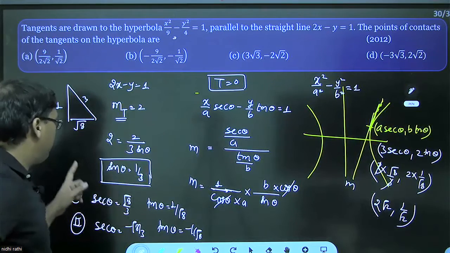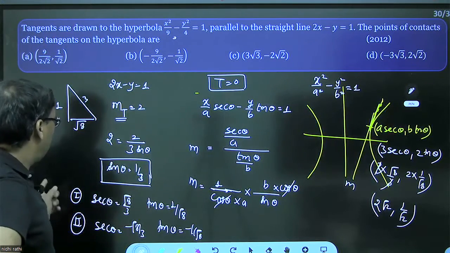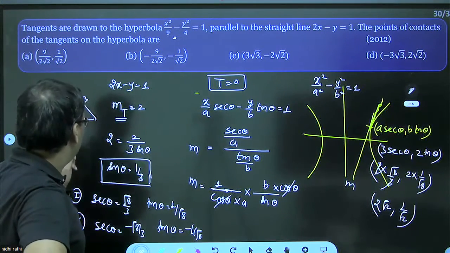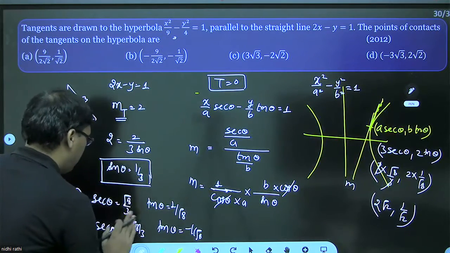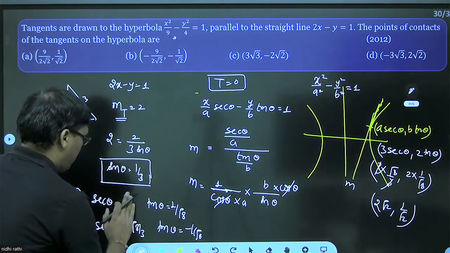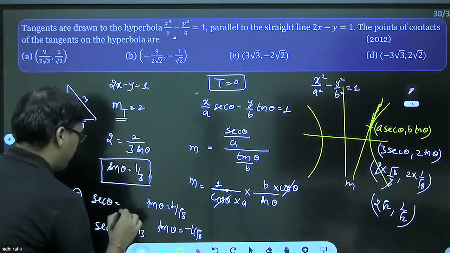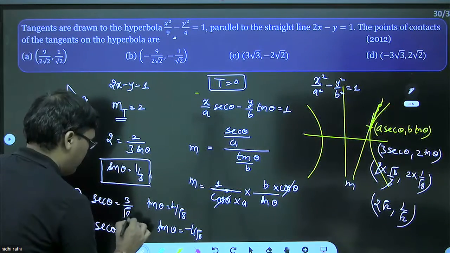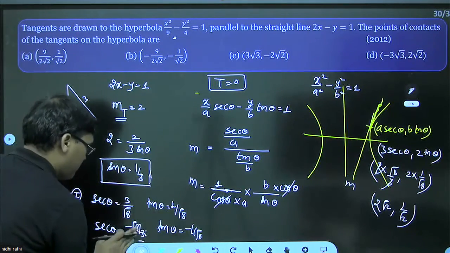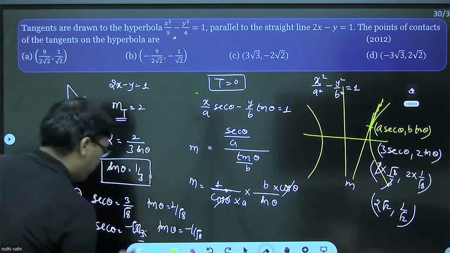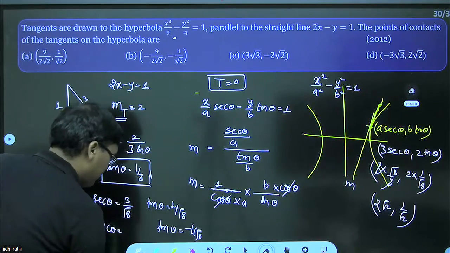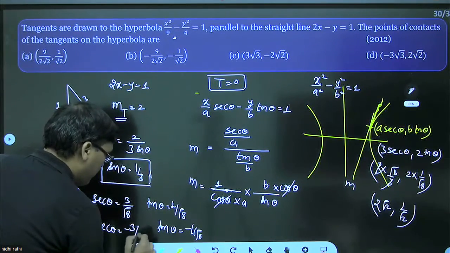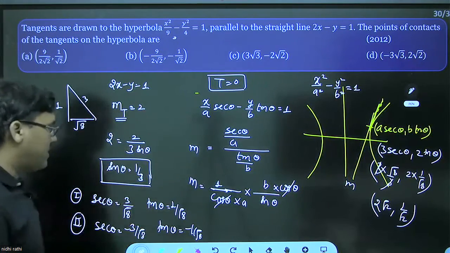So this is sec theta, we have to write this as 3 by root 8. And this is minus 3 by root 8. This is the mistake here, right?